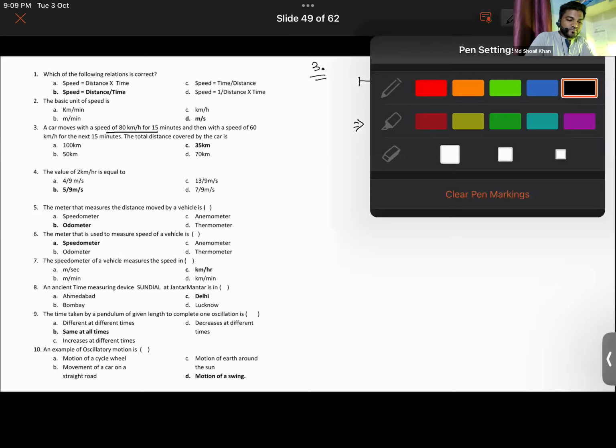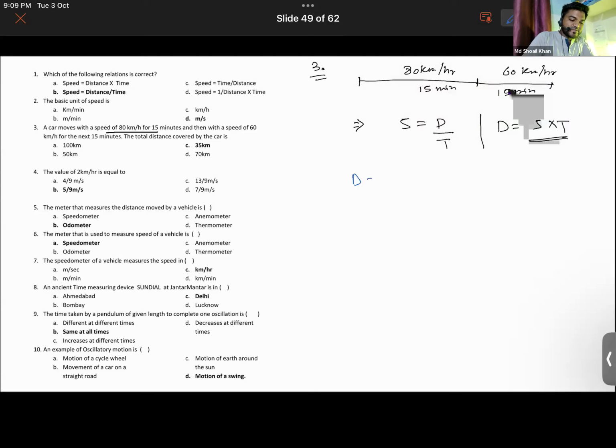Getting it now? So here distance will be total speed multiplied by the total time taken. Sundus, you were supposed to simply add the two speeds, 80 plus 60. Also be careful about the units. Units are same, kilometer per hour. But the time given here is 15 minutes, so as you said, you divide 15 by 60.